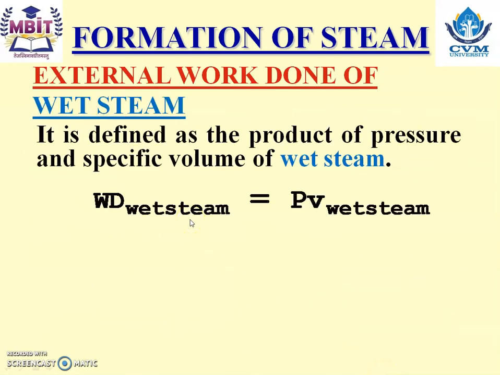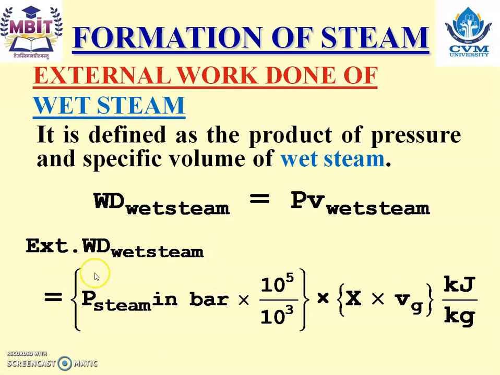Now external work done of wet steam. It is defined as the product of pressure and specific volume of wet steam. So work done for wet steam is equal to P into specific volume of wet steam. So what is the equation of specific volume of wet steam? Yes, that we have to substitute here.